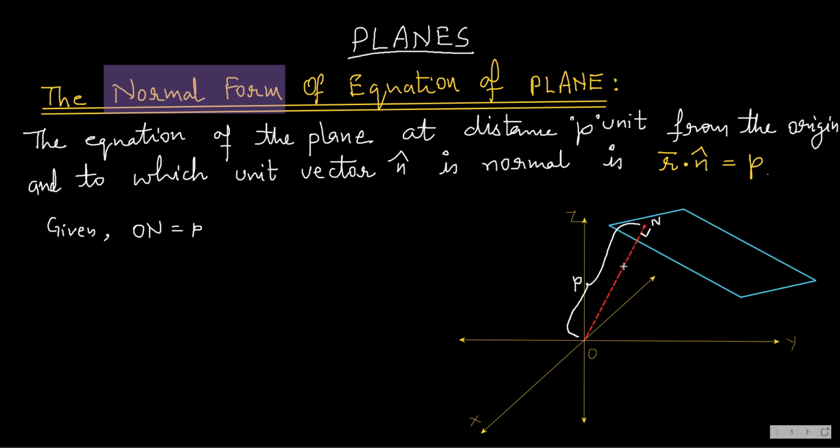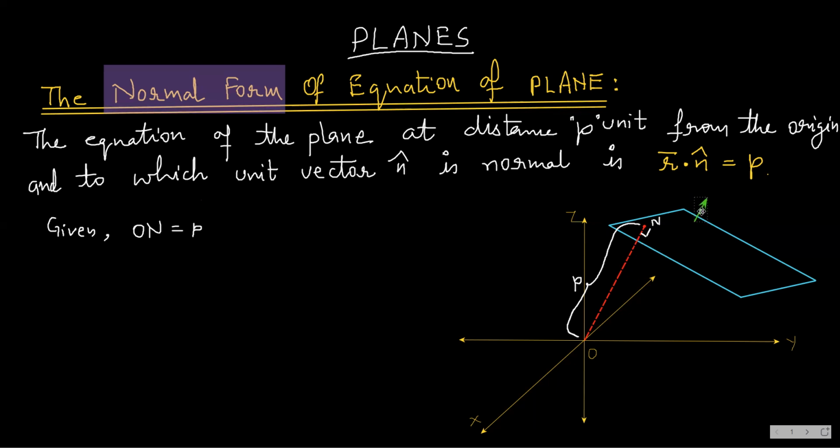The direction of the unit vector will be perpendicular to the plane. So we can say that it will have the same direction as, it will be parallel to ON. Why parallel to ON? Because ON is also perpendicular to the plane.